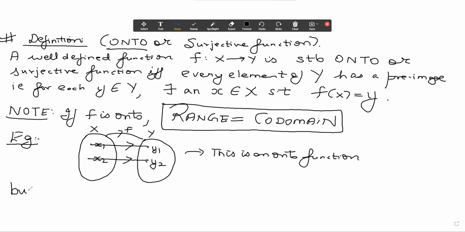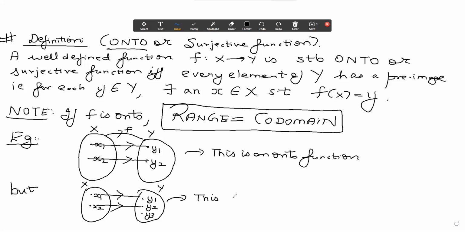But if I take another example, is this an onto function? This is not an onto function.